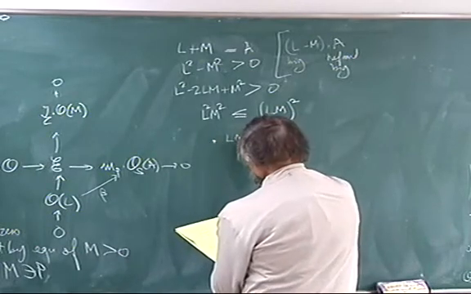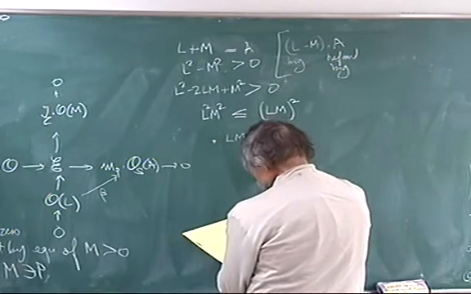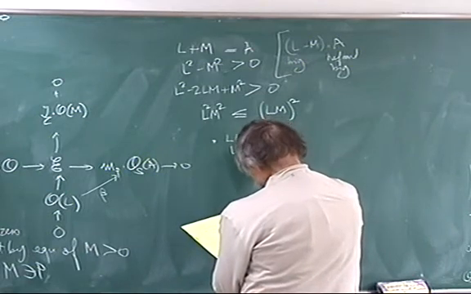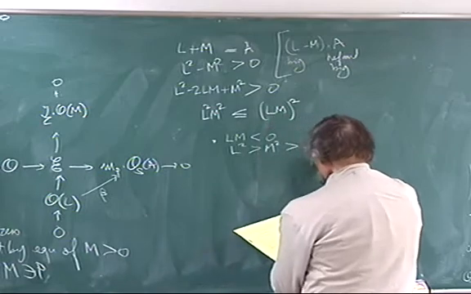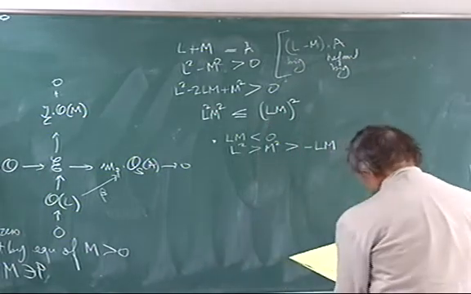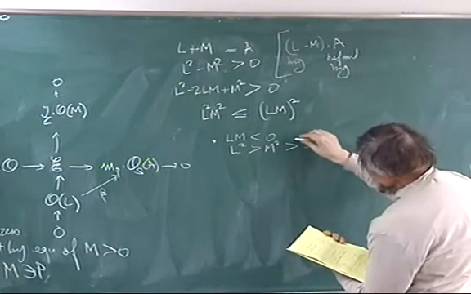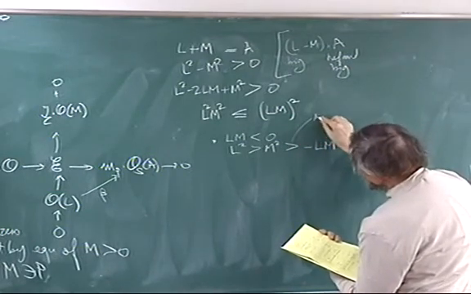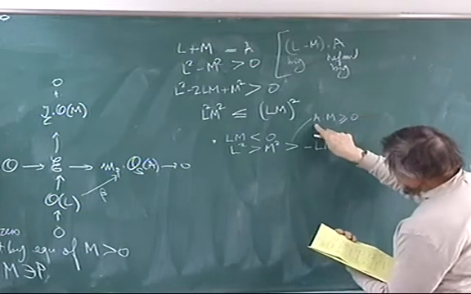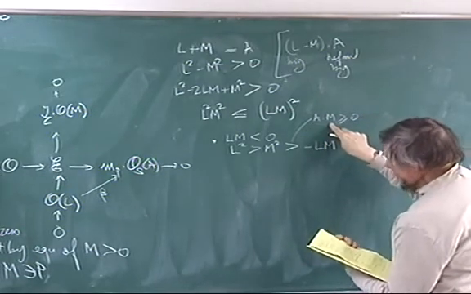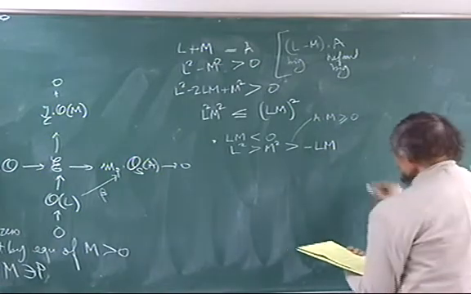If L·M happened to be less than 0, then we'd get L squared greater than M squared greater than minus L·M. So this is still the same thing. This is A times M greater than or equal to 0, because A is nef and M is effective. And this is a contradiction.